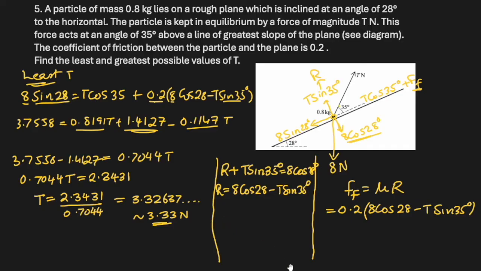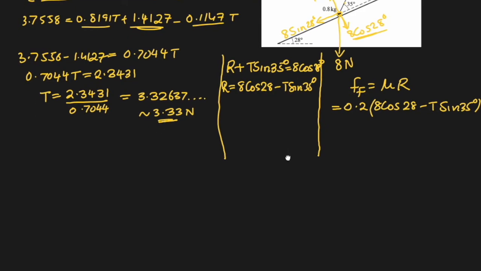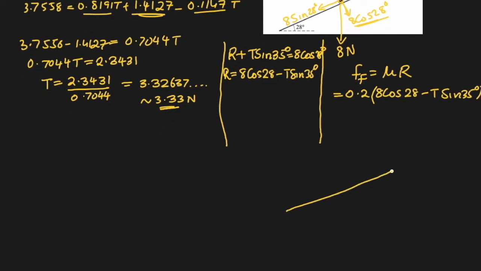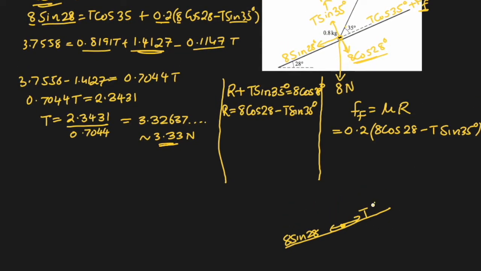However, for greatest, what will happen? There will be a change. So this was the body, and 8 sine 28 was the force in this direction, right? For greatest, this T has to be alone, and which will be T cos 35.